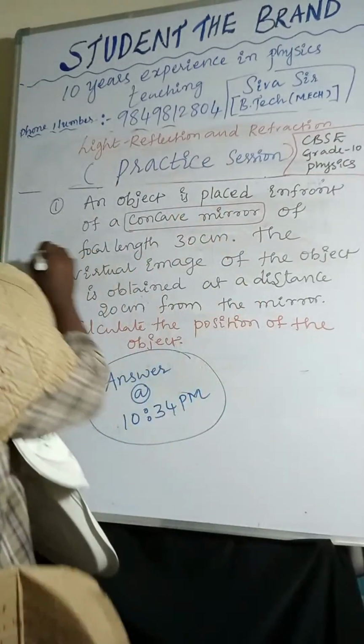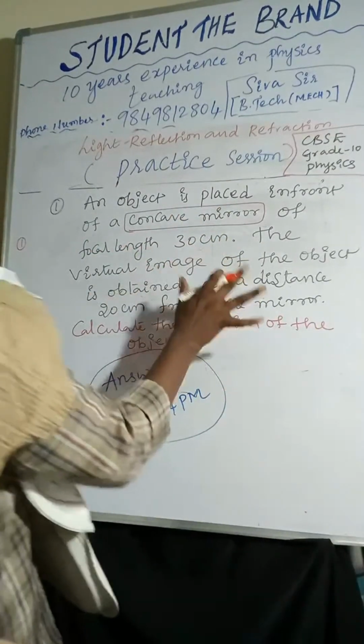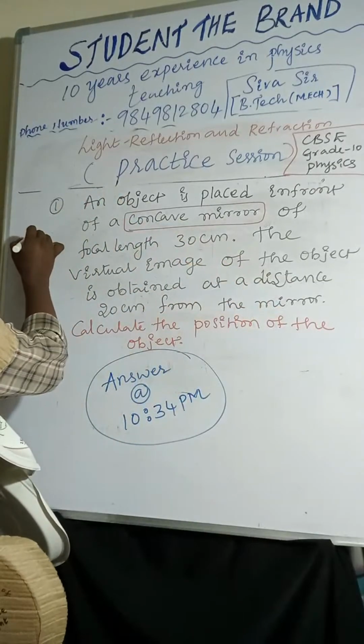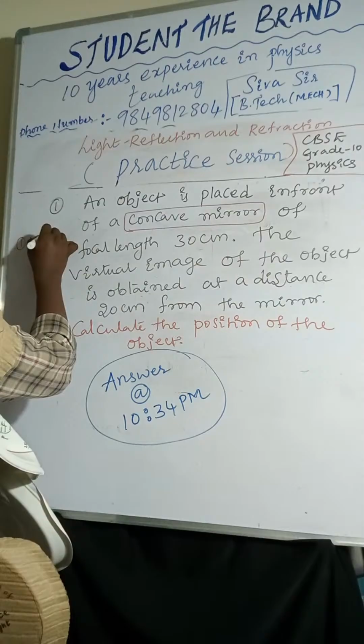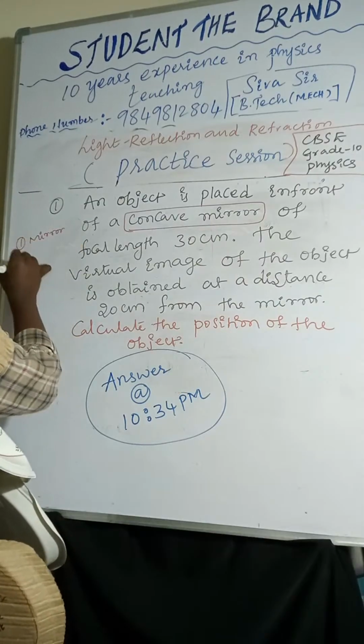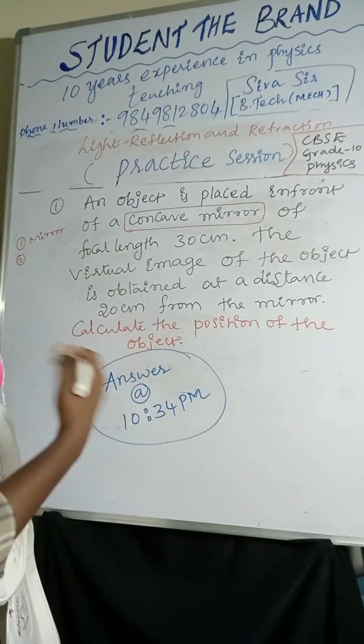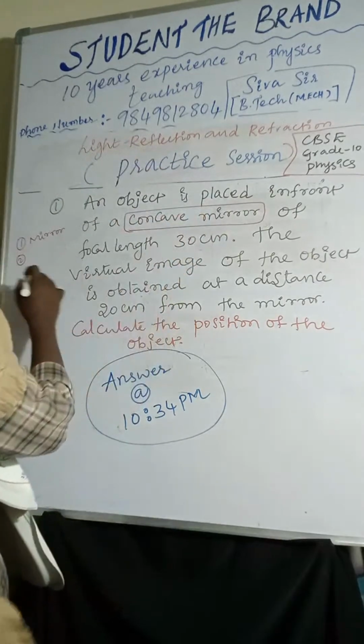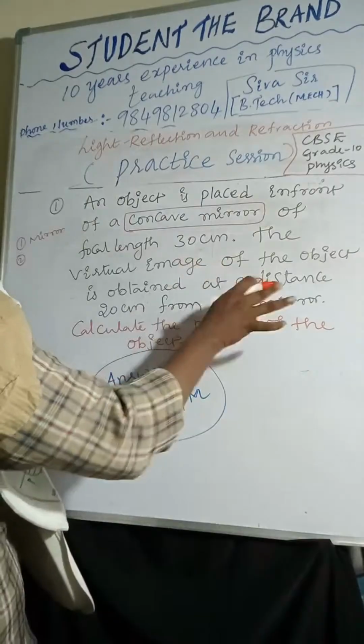First one, related to mirror problem. First identify the mirror, which mirror is given. Sometimes they won't give it, so there you will get confusion. That's why first you have to identify the mirror. Second one, object distance.